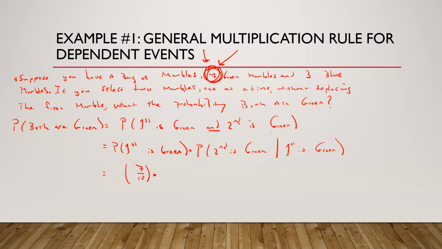If the first one is green, I'm going to take it and put it off to the side. How many green marbles are there left to select? Yep, there's only 6 left. But how many total marbles are left in the bag? Yeah, there's only 9 because you took one green one out. So not only do you knock down the green number, but you knock down the total number.